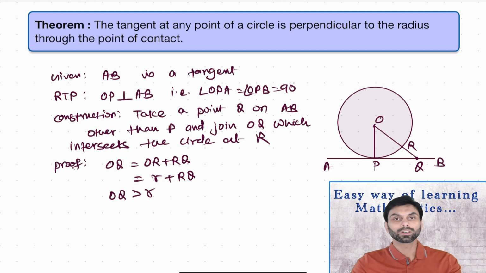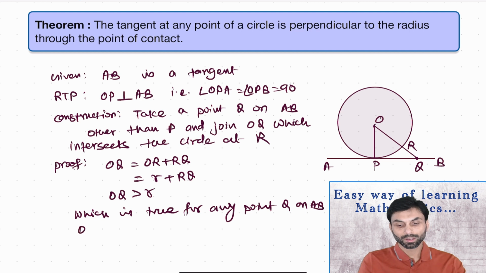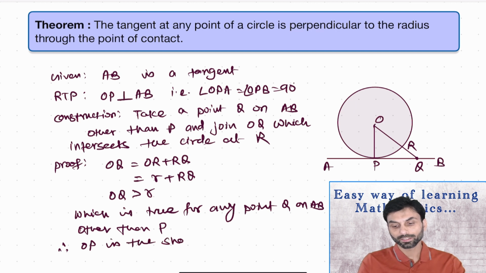That will be true for any point Q on AB other than P. Therefore, we can say that OP is the shortest distance of O from AB.